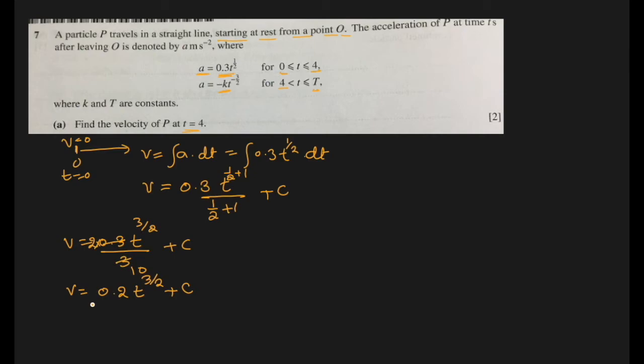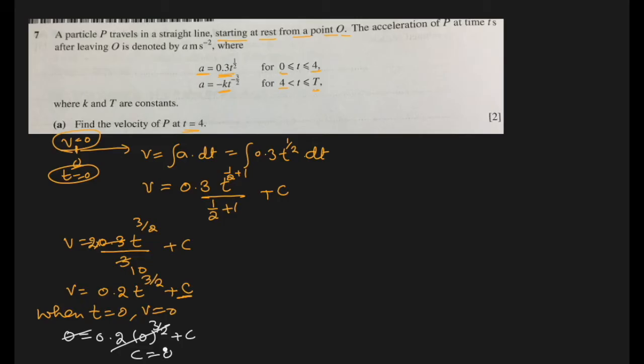Before I can use this, I have to evaluate C, and this situation will help me to evaluate C. When t was 0, V was 0, so I will substitute it here. 0 equal to 0.2 and time is 0, to the power 3 over 2, plus C. So this is 0, this is 0, C is 0. So C is insignificant here.